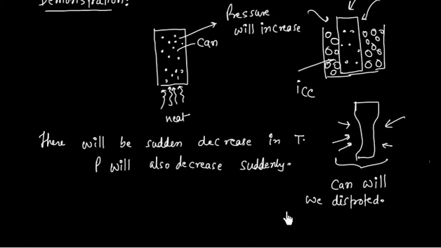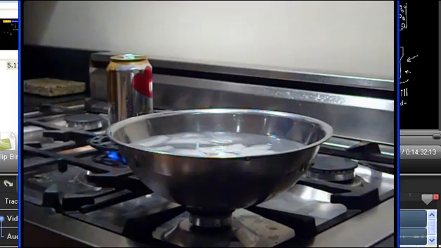Let us watch this video. Now here we have a can. This is an empty can, contains gases, and it is heated, and there is an ice bath that contains ice at around 0 degree centigrade. As this is heating, pressure inside this gas will increase because temperature is increasing.